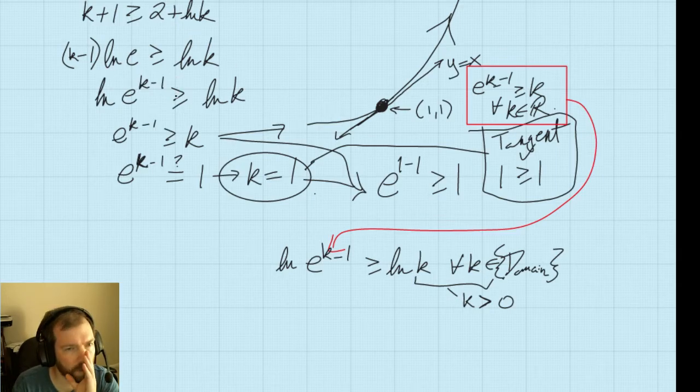Okay. So if that comes down, this is going to be k minus 1 greater than or equal to natural log of k.